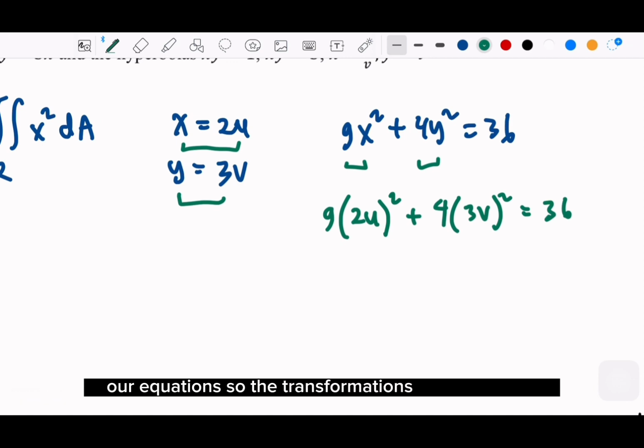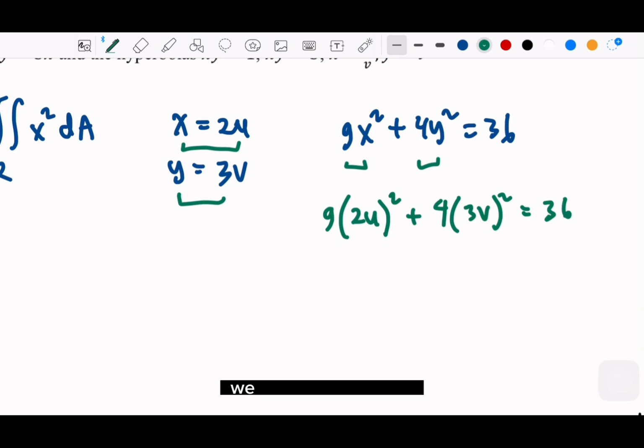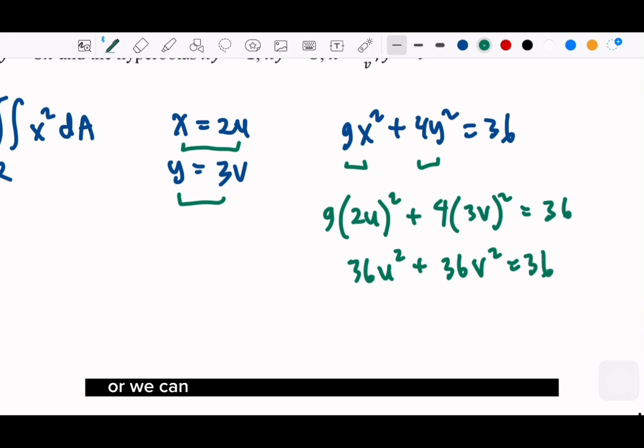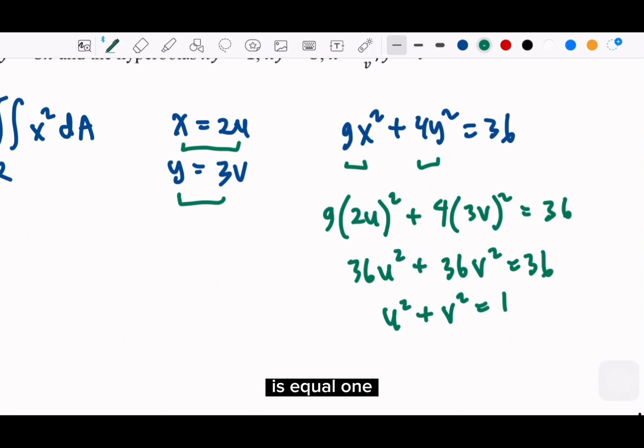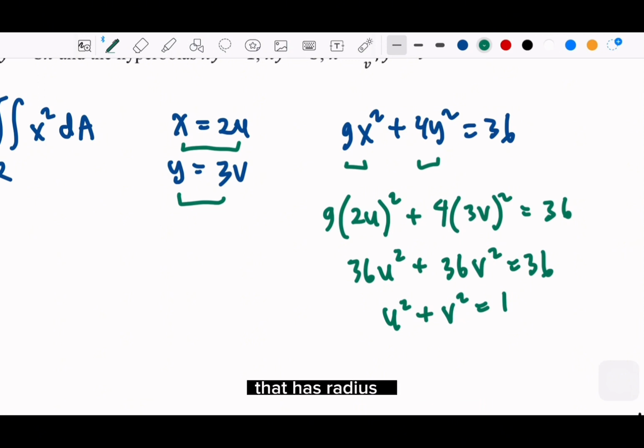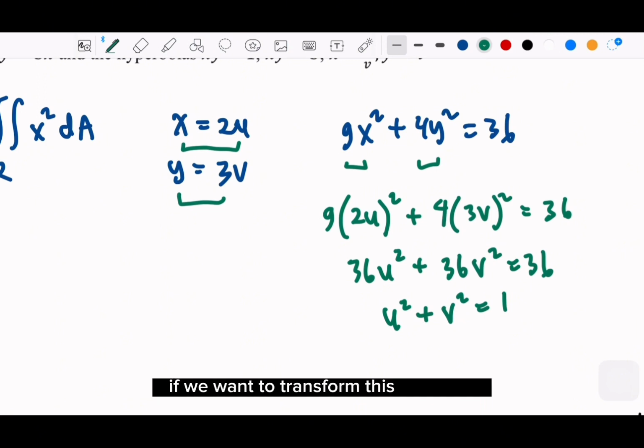Okay, so the transformation from xy to uv, we can rewrite that, or we can write that u squared plus v squared is equal to 1. So the boundary is actually limited by a circle that has radius 1. Okay, if we want to transform this xy to uv. So I think this is a perfect transformation, right?